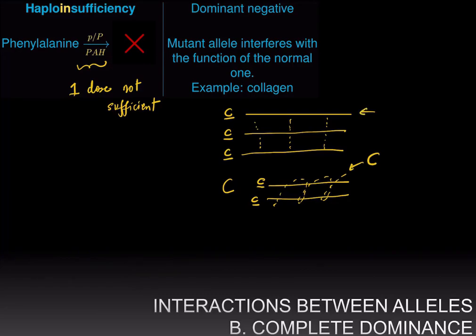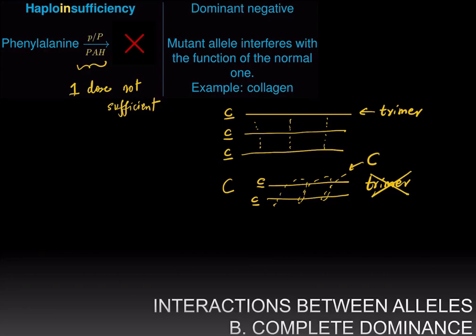So in the wild type, collagen makes a trimer, but when you have this mutant allele, big C, it prevents the trimer from forming, leading to the mutant phenotype.